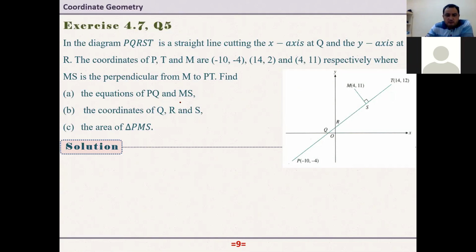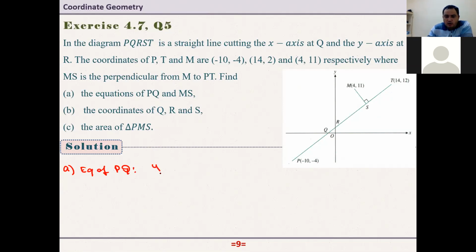All right, so actually write this equation. Where is PQ? The equation of PQ means the equation of PT. So question A, equation of PQ. I just take these two points.